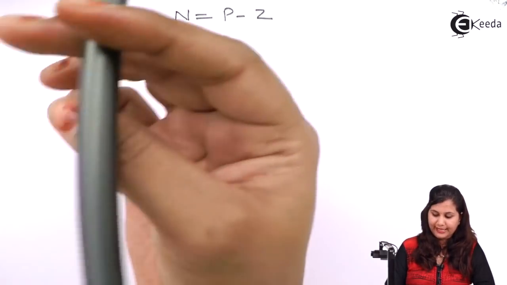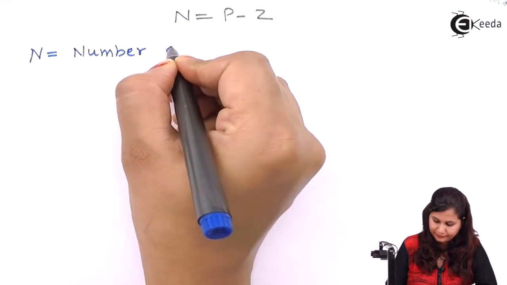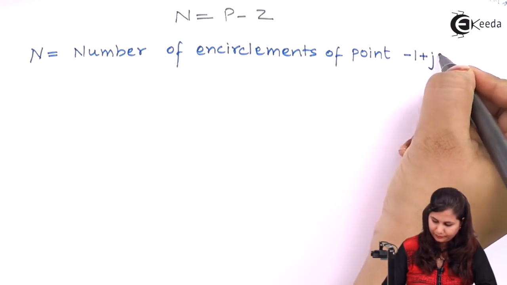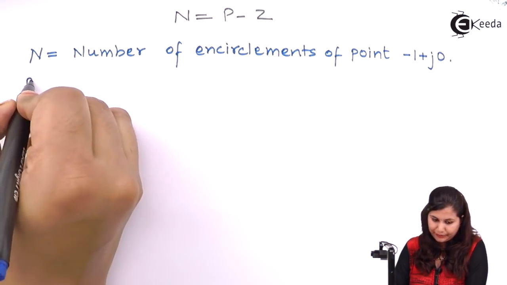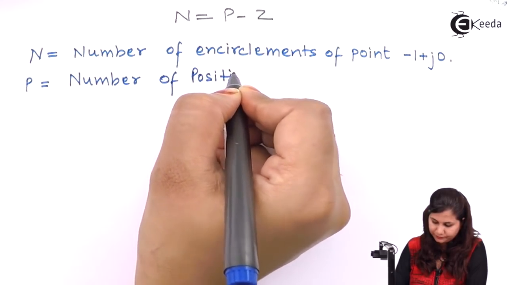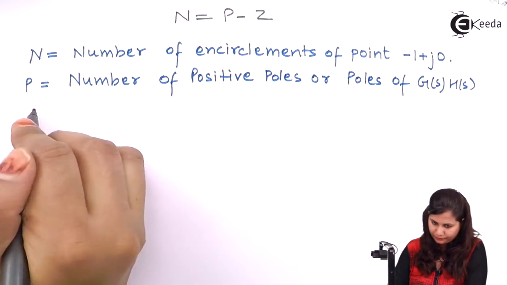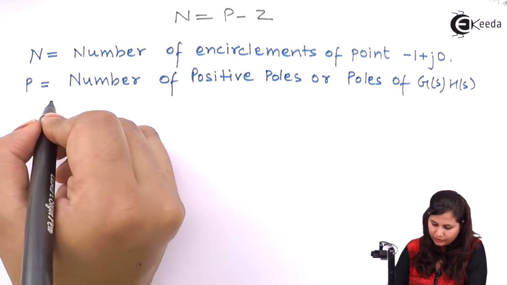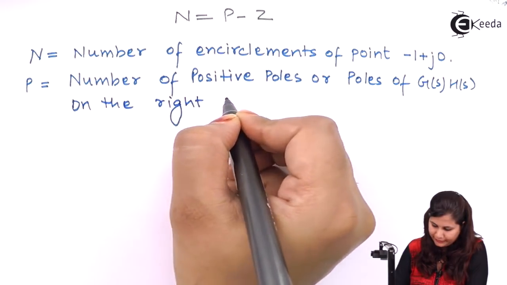Let me write what these N, P and Z are. N is the number of encirclements of the point -1 plus j0, and P is the number of positive poles, or we can say the poles of G(s)H(s) on the right half of the S-plane.